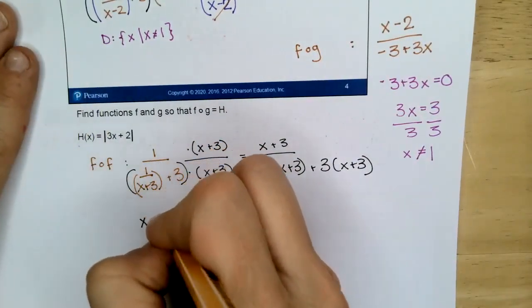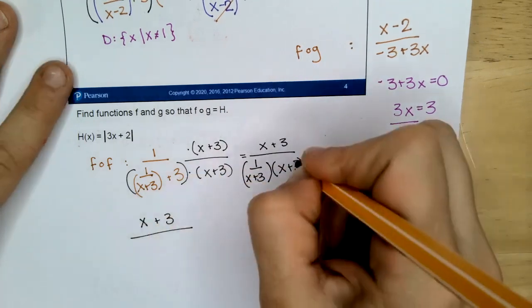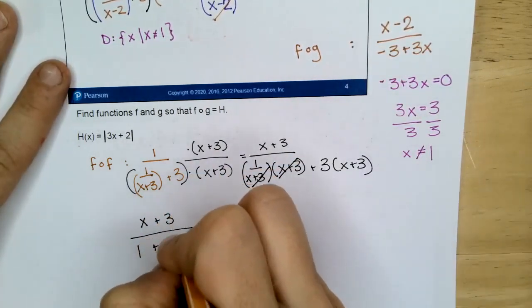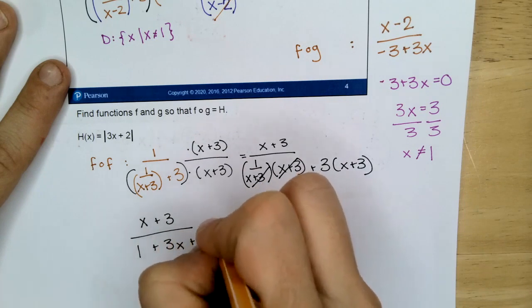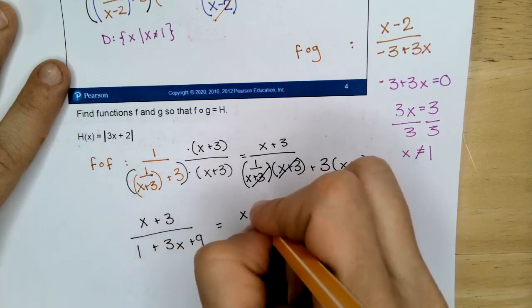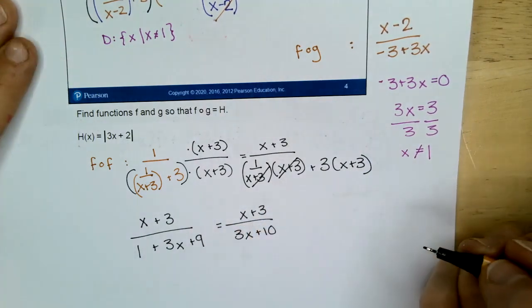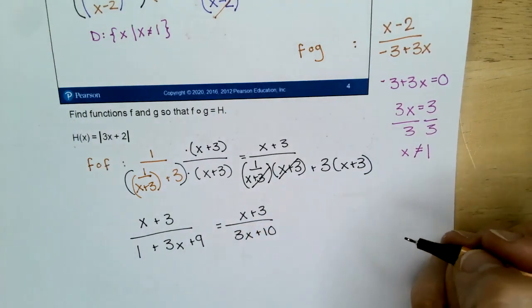X plus 3 divided by 1 plus 3x plus 9 is x plus 3 over 3x plus 10. Good.